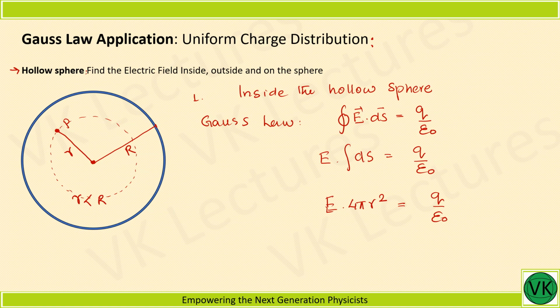And since q is 0, because there is no charge enclosed by this sphere, which is the sphere that we need to consider. Inside this sphere there is no charge, that is 0. So E equal to 0. That means the electric field is 0. Now this surface that we have considered is called a Gaussian surface.